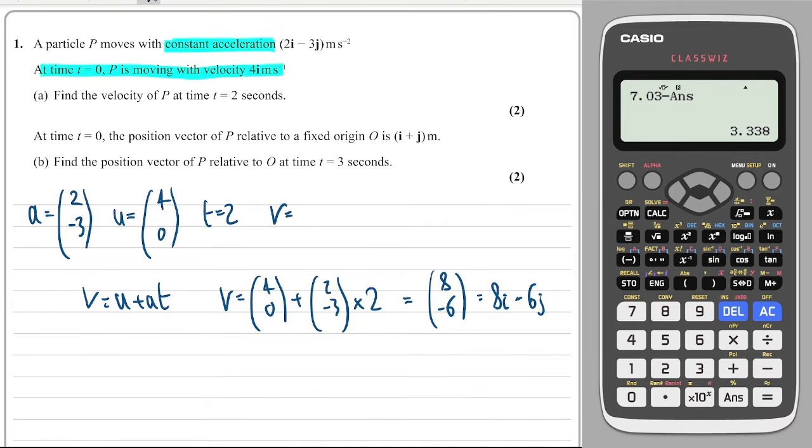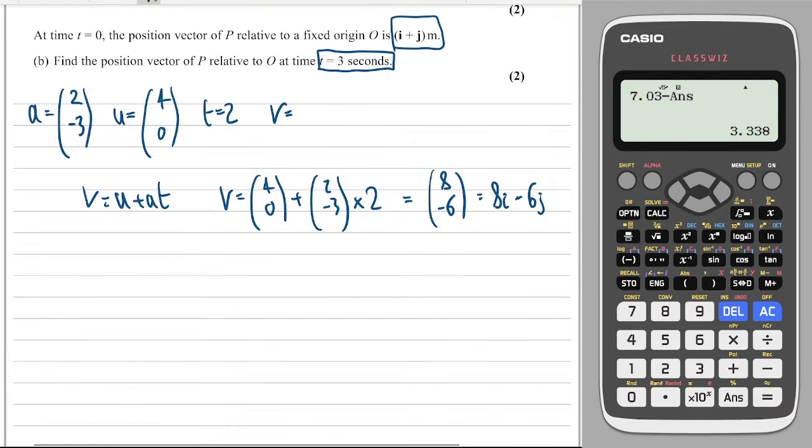Next, it says this is the starting point. All right, we'll use that in a minute, and find the position vector at t equals 3. So let's see how far it's moved in 3 seconds then. So s is equal to ut plus a half at squared.